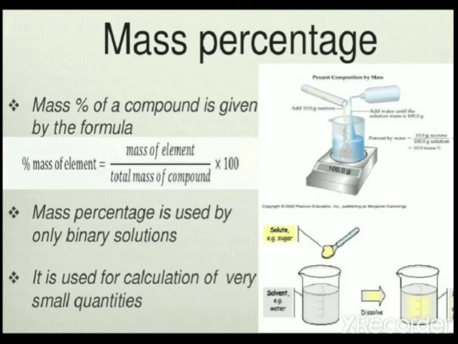Or it is also expressed as mass percentage equal to the mass of the solute divided by the mass of the solution, times 100. The solution is the combination of the mass of the solute plus the mass of the solvent. Mass percent is used only for binary solutions. It is used for calculation of very small quantities.